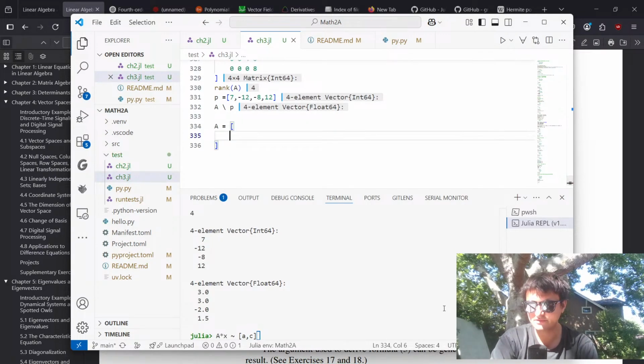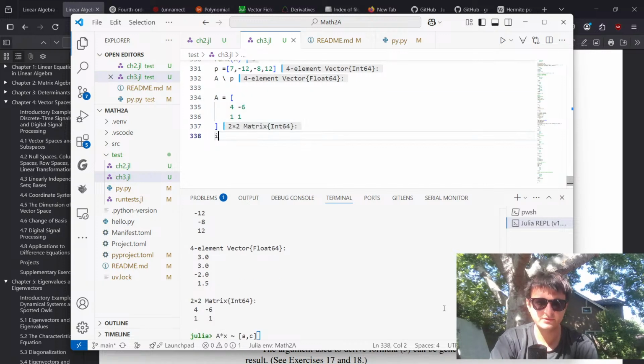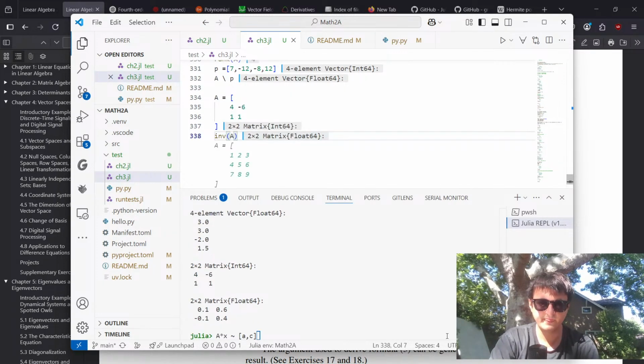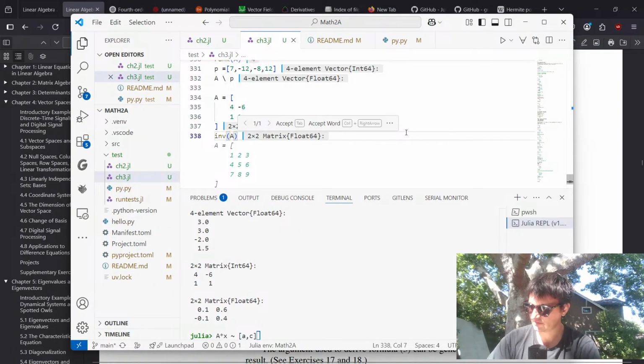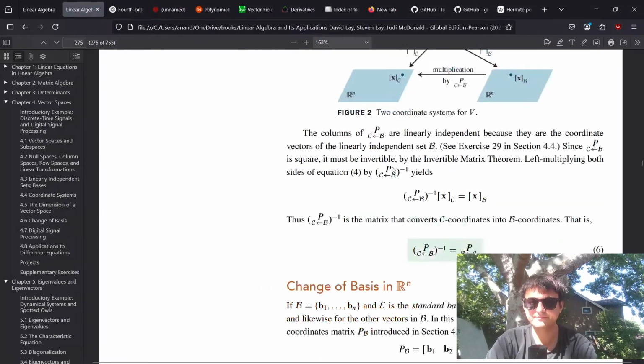If A is equal to that matrix, we just take inv of A. Is that right? We're going to get 1 over 10 times (3 over 5, minus 1 over 10; 2 over 5). All right, let's check our answers.